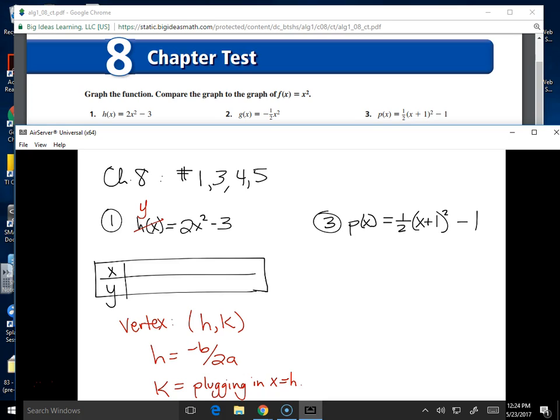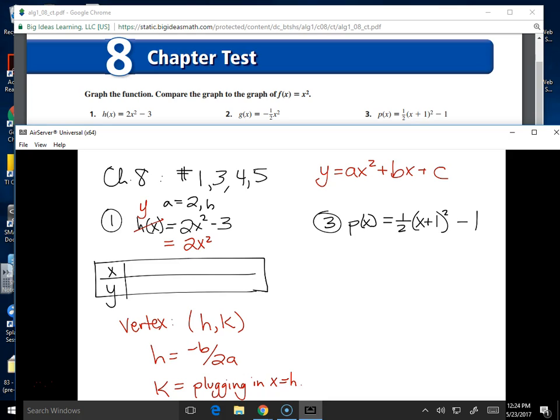Alright, kiddos. Do you remember how to figure out who's a, who's b, who's c from a quadratic? Remember, ax squared plus bx plus c. So what is the a in number 1? a equals 2.